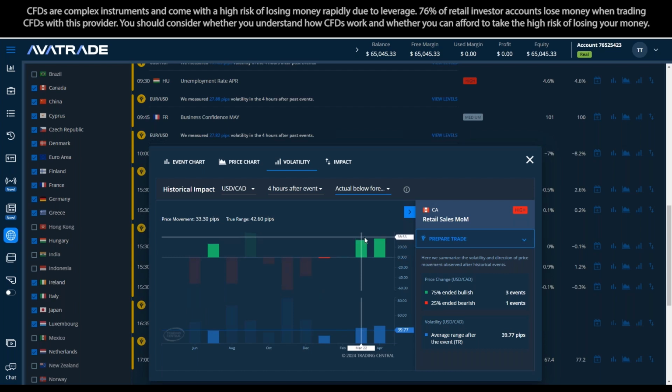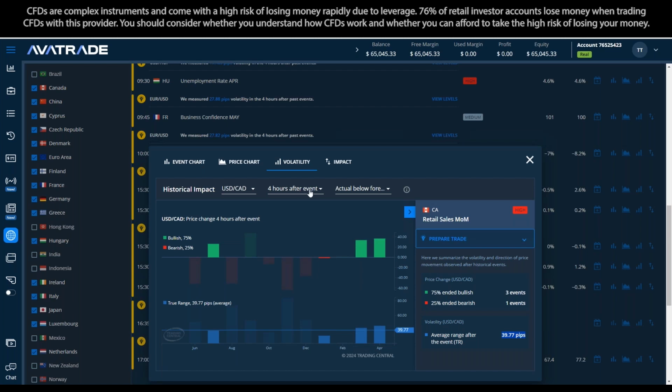75% of the time up if the data comes in below forecast, and really almost 100% of the time it did not go down. And what I mean is the one time out of 4 that it went down, look how much it went down. Almost nothing after 4 hours, okay? And this is nearly 40 pips of rise on average then, or a range movement in the 4 hours after the event, okay?